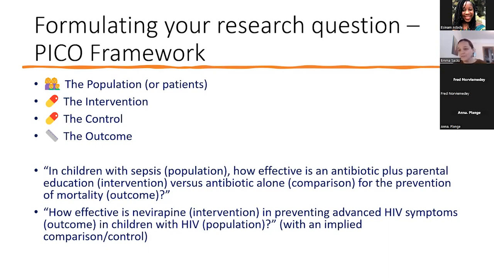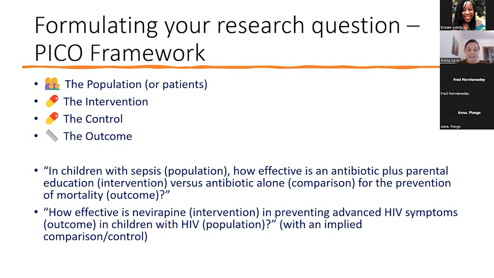I think the P probably used to stand for patients because it was always considered hospital-based, patient-centered quantitative research, but it has now expanded, right? So what is your population? That may be a demographic population, a geographic population, but it might also be a patient population, people who have a certain condition.